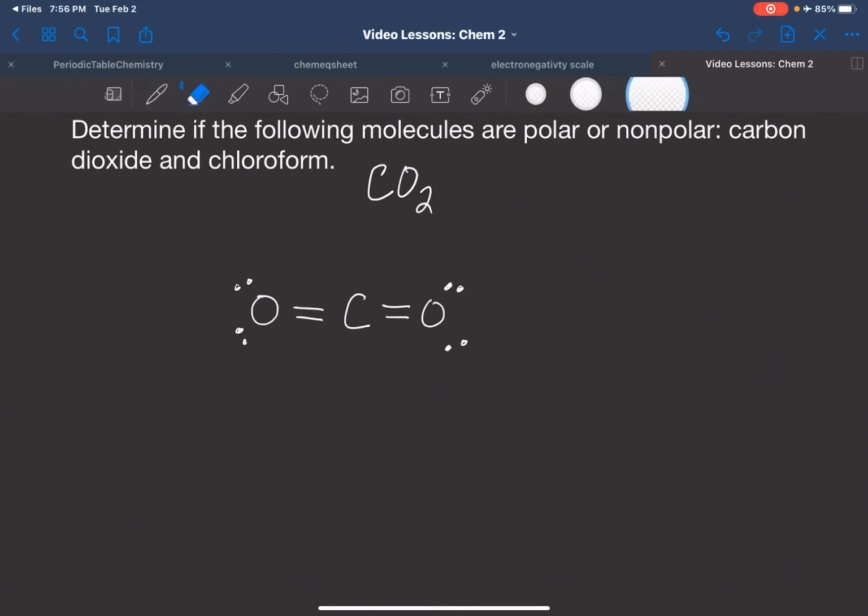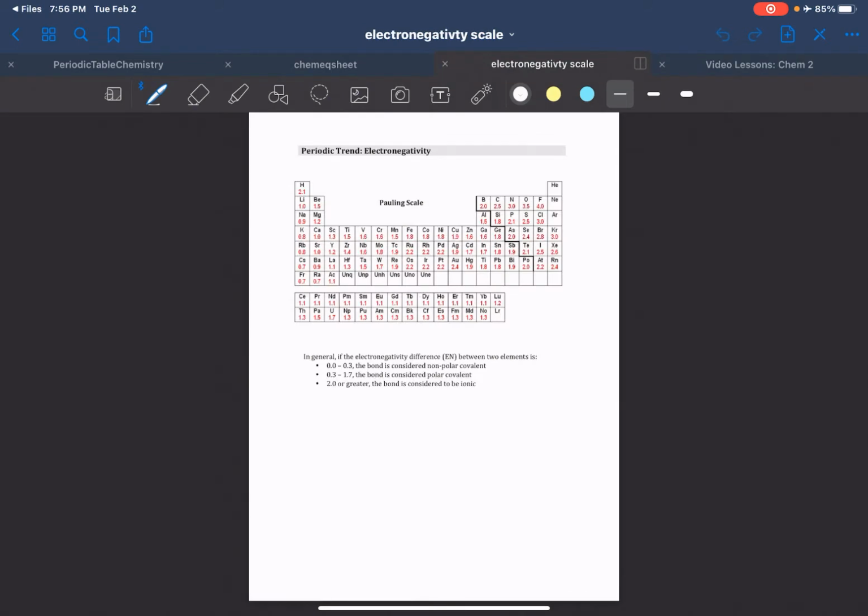Okay, with that said, we need something else. There's this electronegativity scale, and if you're in my class, you have a copy of this.